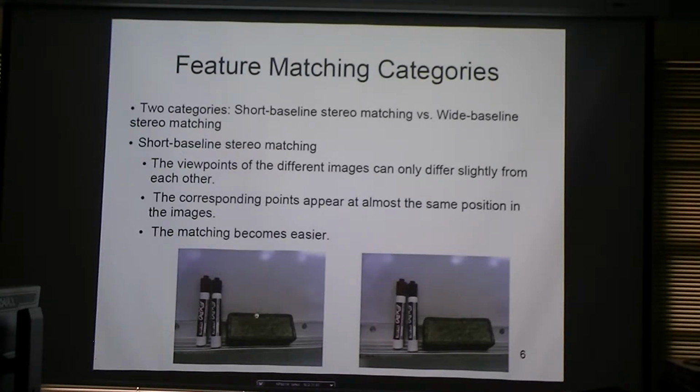For example, in these two images, you can see that there are not a lot of differences between this image and this image. So the matching becomes much easier, and for example this pixel here appears at almost the same position in the second image.